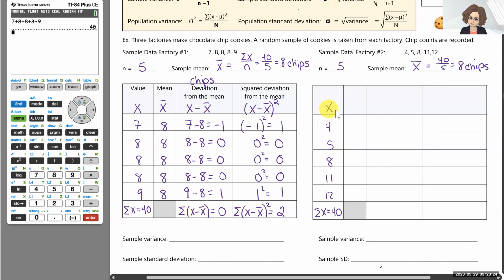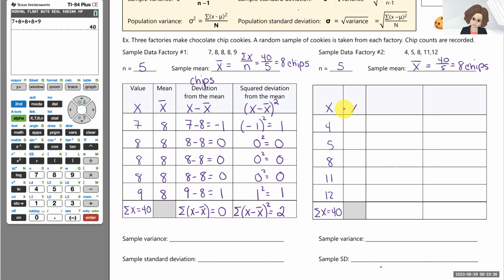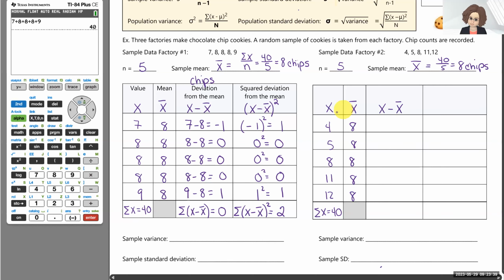All right, so factory number 2, the sample mean x bar, that was still 8. So those values were the same for both factories. But now what we're going to see is deviations from the mean. We'll start to see in general bigger deviations.